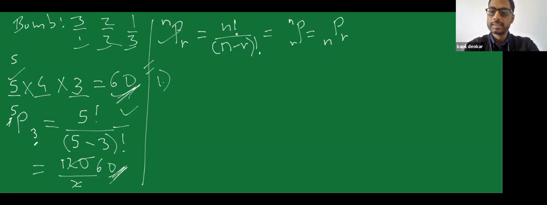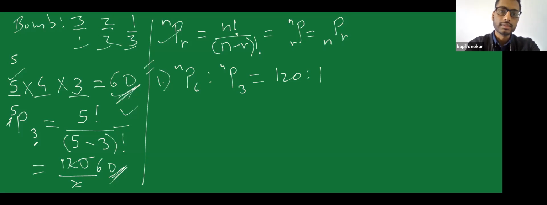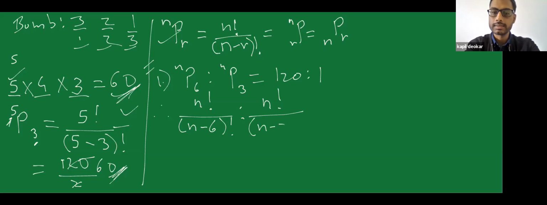Okay, let's get familiar with this formula first before we start with our word problems. The ratio nP6 to nP3 is given as 120 is to 1. My question is, find the value of n. So nP6 is equal to n factorial upon n minus 6 factorial, divided by nP3, which is n factorial divided by n minus 3 factorial, which is equal to 120 is to 1.